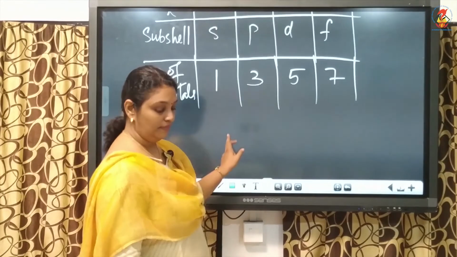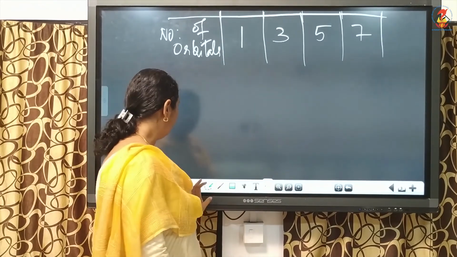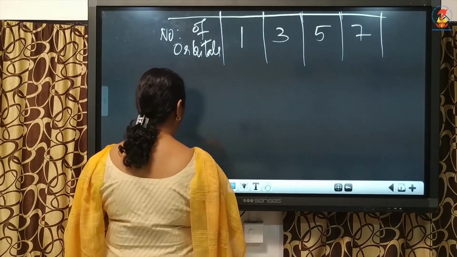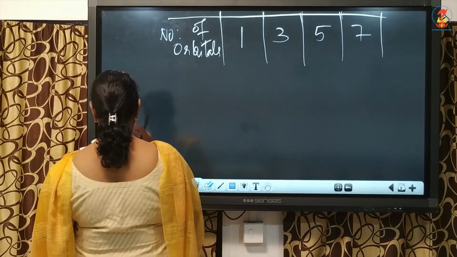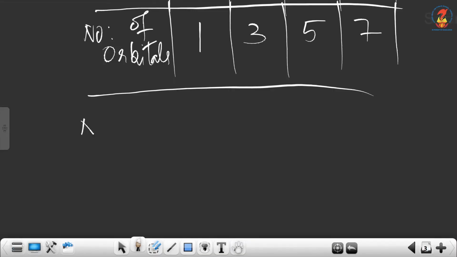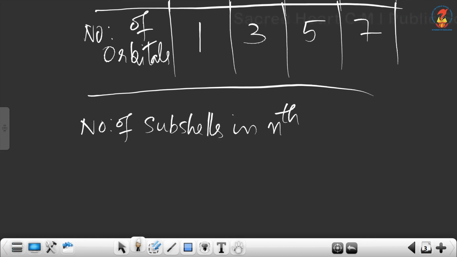Now, next, if you know the n value, for a given value of n you can predict the number of subshells. The number of subshells in the nth shell is equal to n.